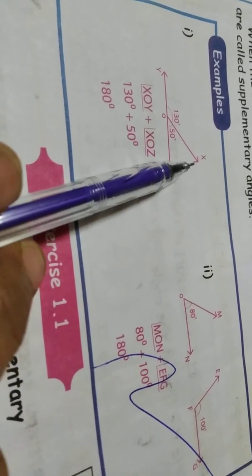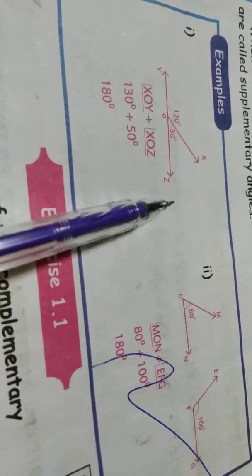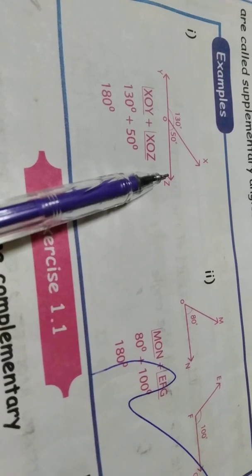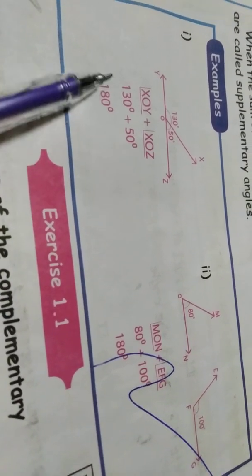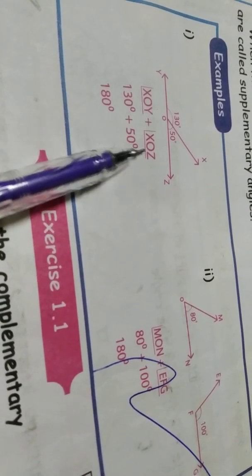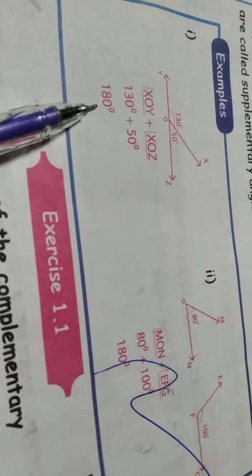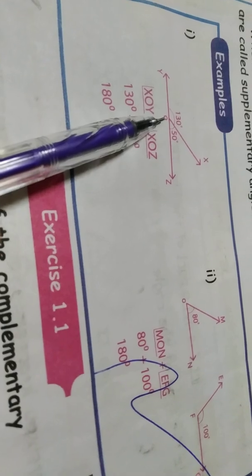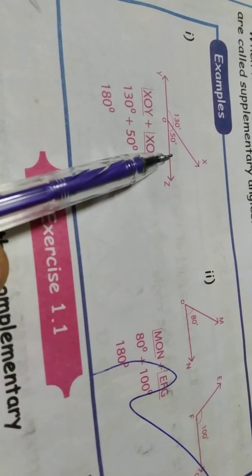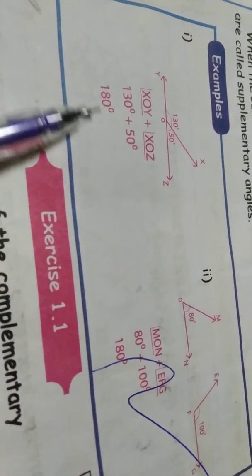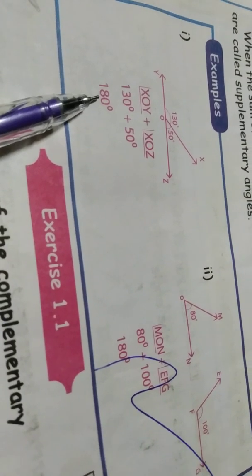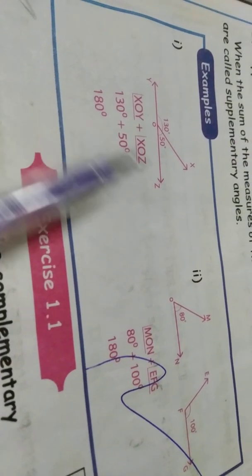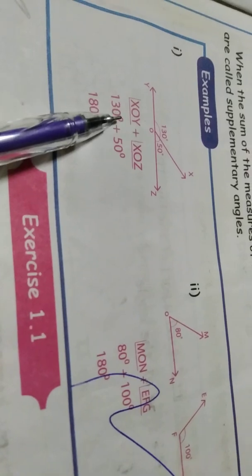Next, angle XOZ. What is the measurement of that angle? 50 degrees. What is the total measurement of the pair of angles? 180 degrees. So the first angle is 130 plus 50, very good, equals 180 degrees. Here they are giving the angles jointly.